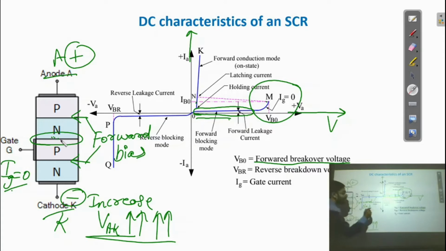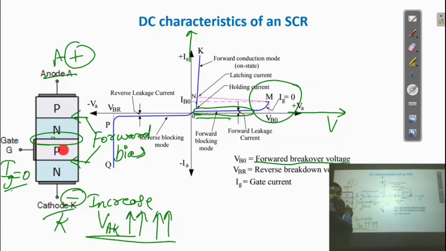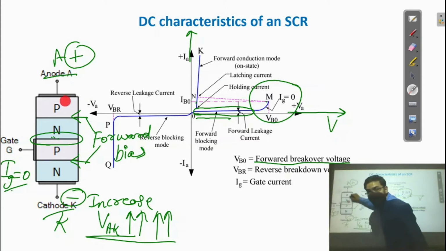So at a particular high voltage, that is VBO, this junction breaks down, and the current starts to flow through the SCR.